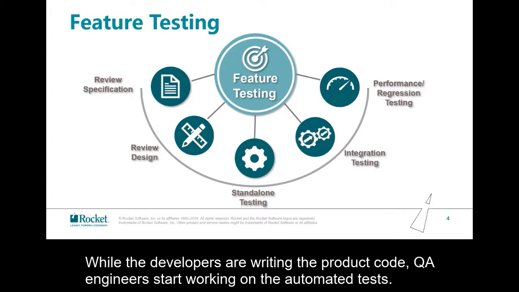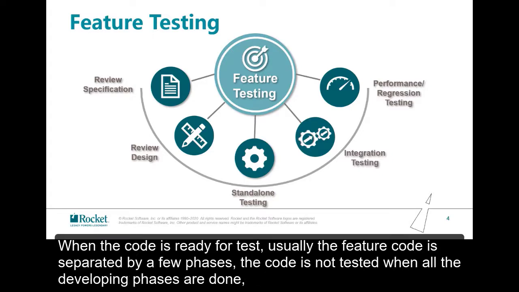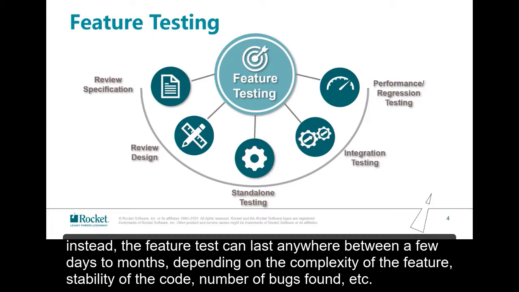While the developers are writing the product code, QA engineers start working on the automated tests. When the code is ready for test, usually the feature code is separated into a few phases. The code is not tested only when all the development phases are done. Instead, the feature test can last anywhere between a few days to months, depending on the complexity of the feature, the stability of the code, the number of bugs found, etc.